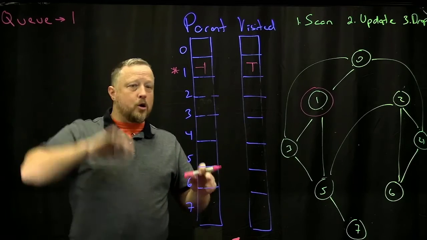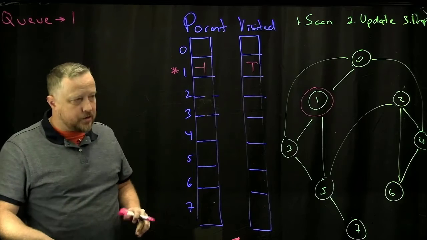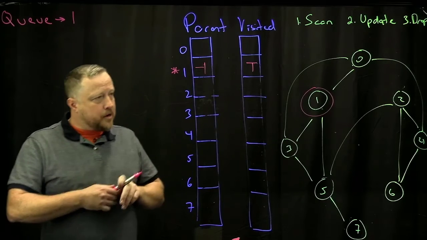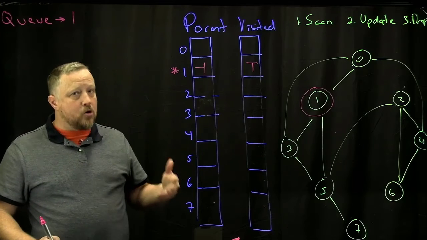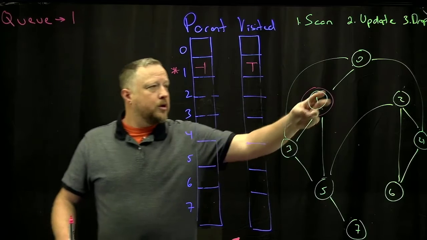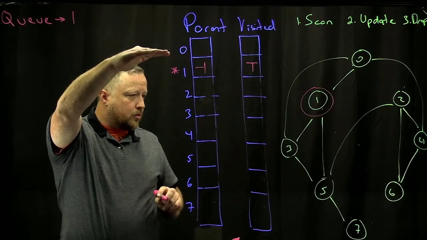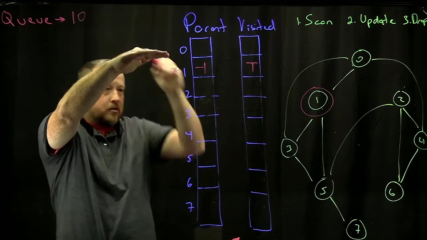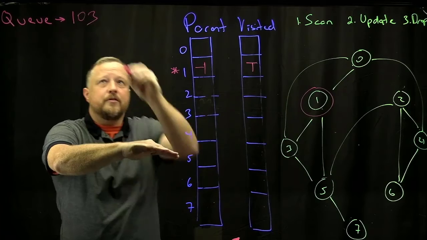Again, we're starting off with 1. I've already preset some values and put 1 into the queue. Now I'm going to look at what 1 is connected to, which is a lot more compared to what we're used to with the directed graph. I'm going to try to do it in order, too. So it's going to be 0, 3, and 5.